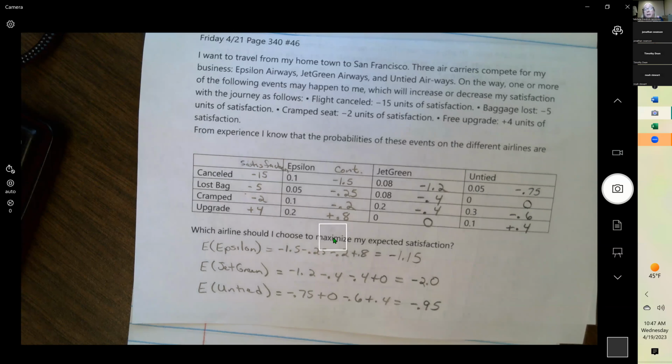And maybe you'll get an upgrade and it'll be good. Any questions on that? So remember to answer the question, which airline should I choose, after looking at your expected values. Any questions on it?